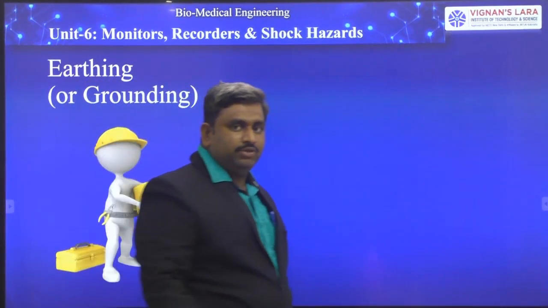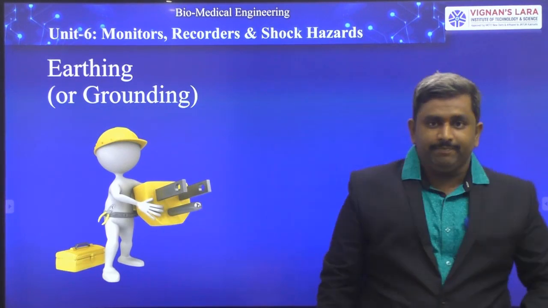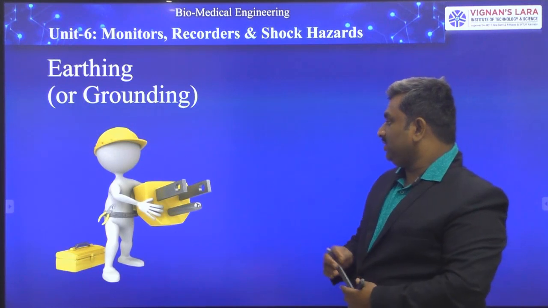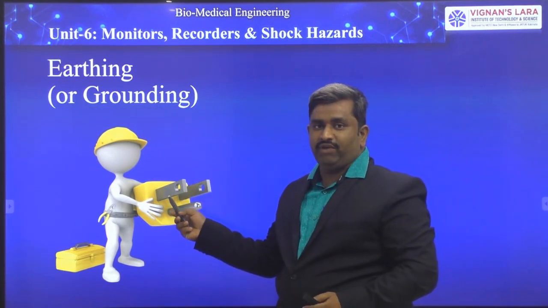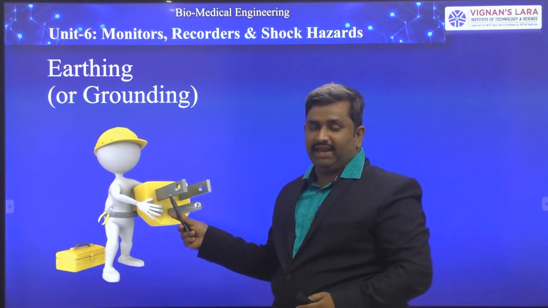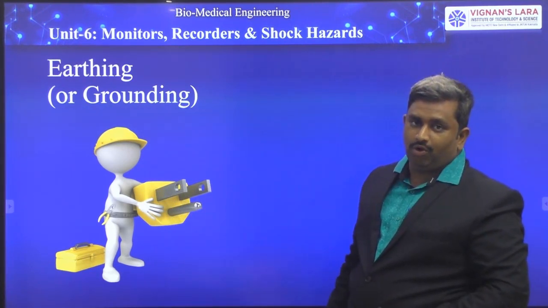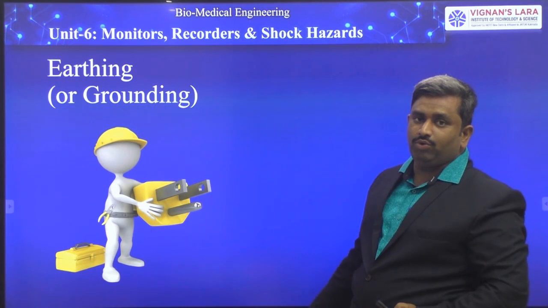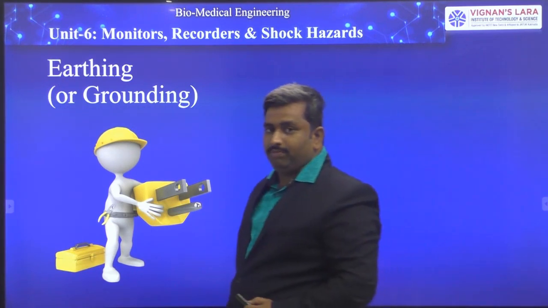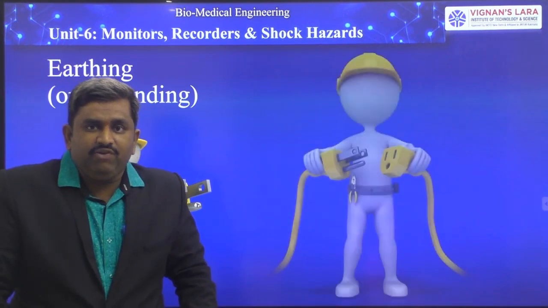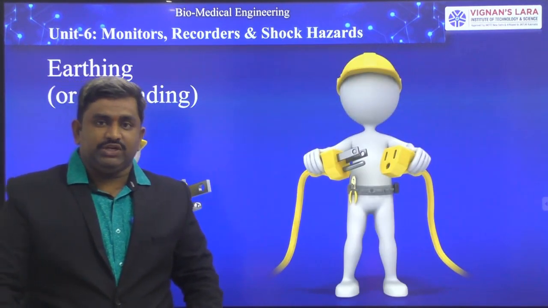Now we have to provide 3-pin sockets or 3-pin plugs. In this, one pin is the phase, the line conductor, another is the neutral, and the third pin is the ground pin. These 3 pins we have to use for any type of equipment to operate the equipment safely without any electrical accidents.